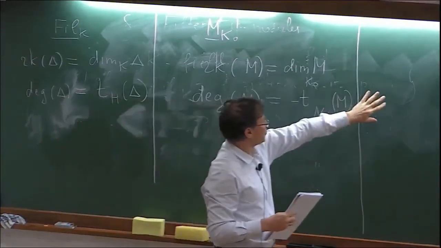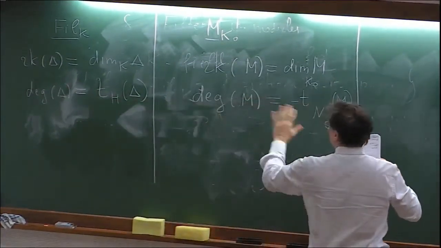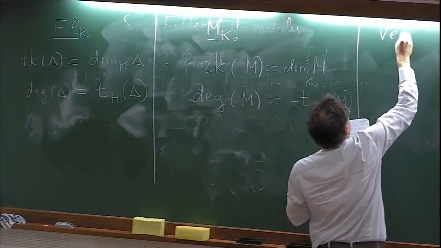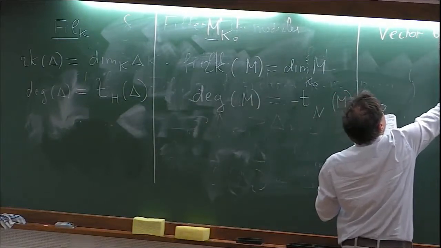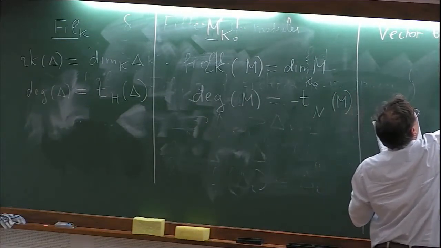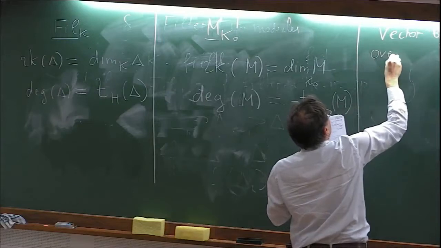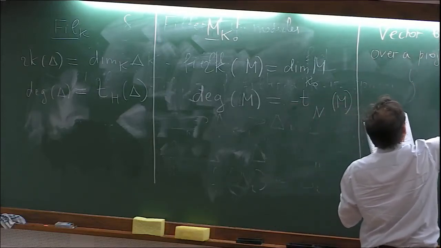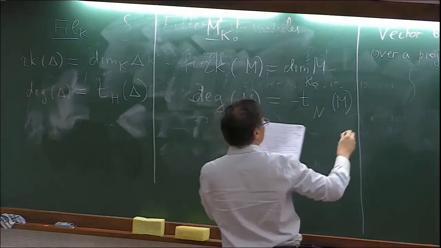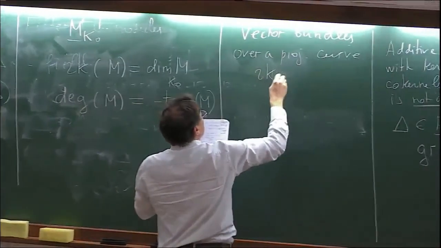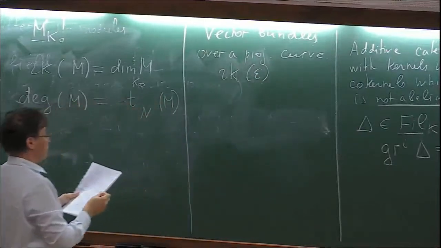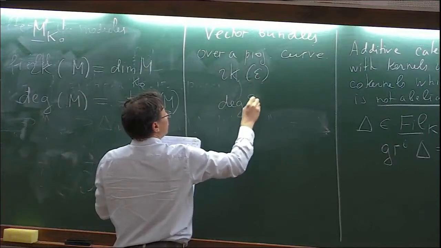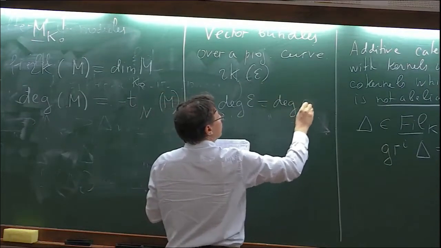In fact, this is the first example where this phenomenon was probably studied: the category of vector bundles over a projective curve, where the rank of a vector bundle is well defined, and its degree is defined as the degree of its determinant.